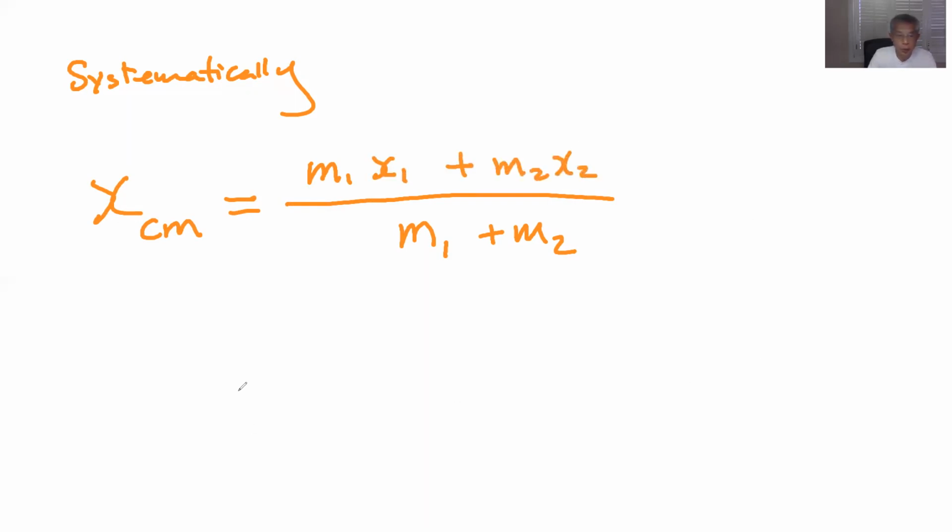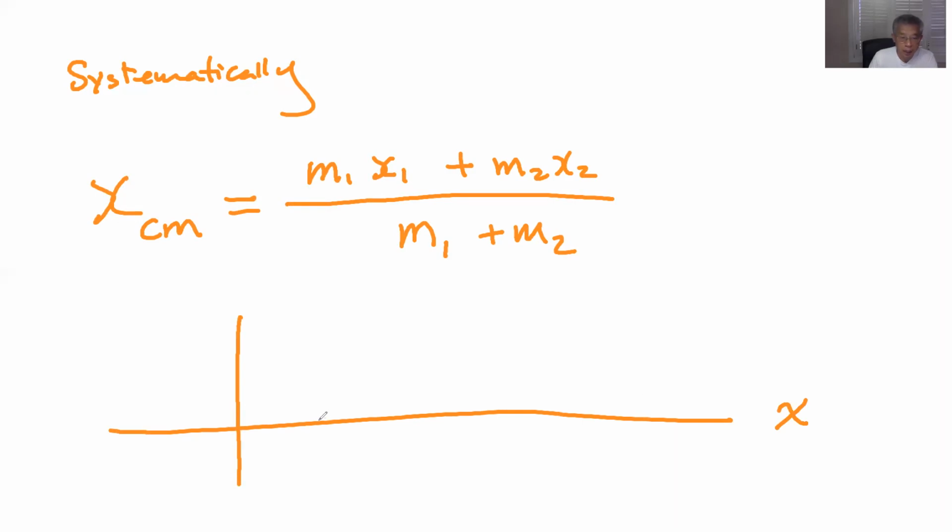So what do I mean? Let's say I have an x-axis right here, and I put one mass here. Let's call that one m1, and then I'm going to call the other m2 somewhere here. Let's say this is my origin.